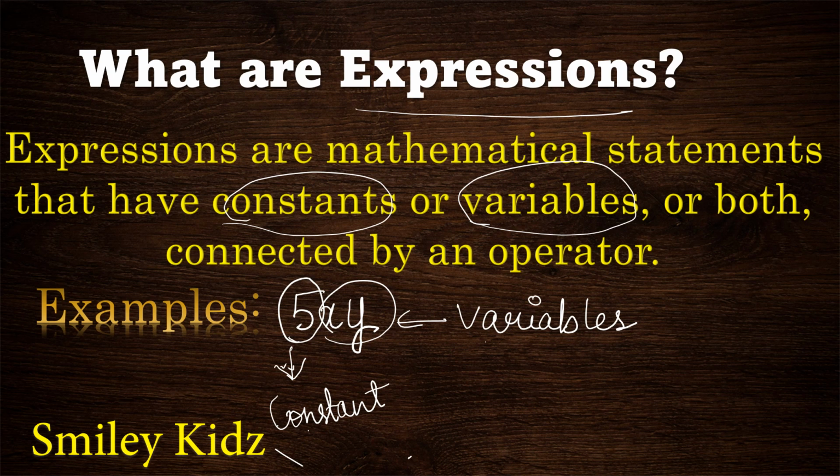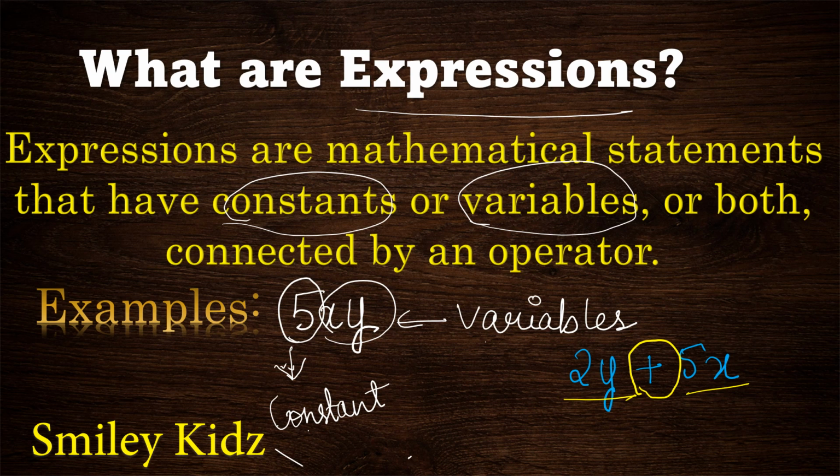Let's see another example. Let's say I have 2y plus 5x. This as well is an expression. It is consisting of two terms. First term is 2y and the second term is 5x, which are connected by an operator. In this case, it is addition. So this is also an example of expression.